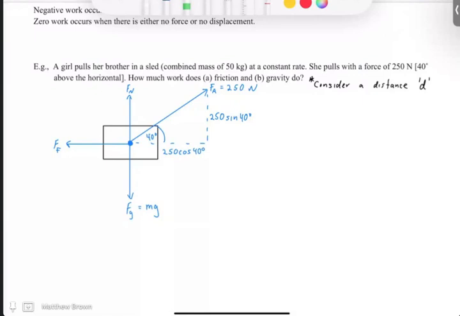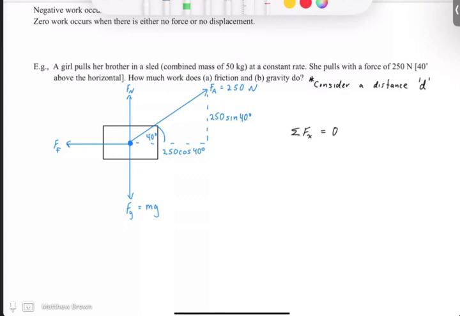And so if we sum the forces in the x direction, that's going to equal ma. Now we know this is happening at a constant rate, so I can just say that equals 0.